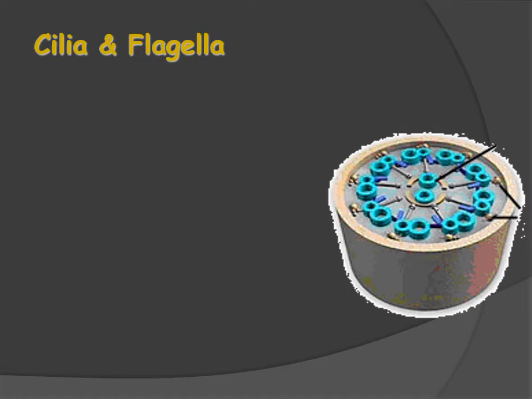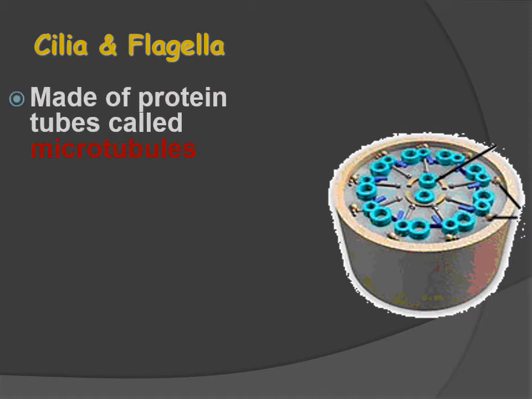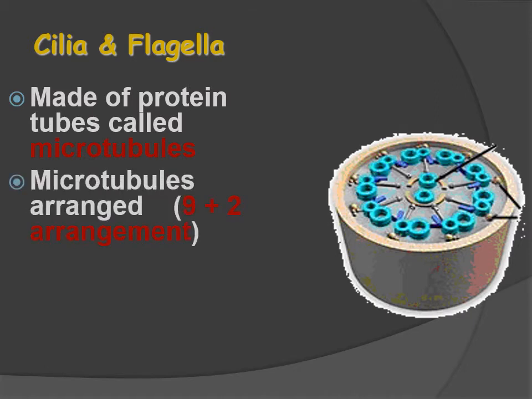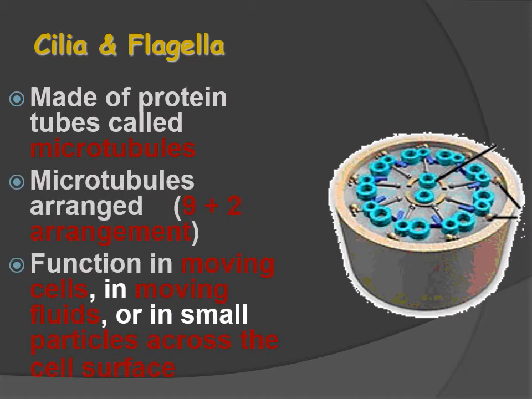All right, cilia and flagella are utilized for movement. They're made up of microtubules for strength, because if you think about microfilaments and microtubules, tubules are bigger and stronger.